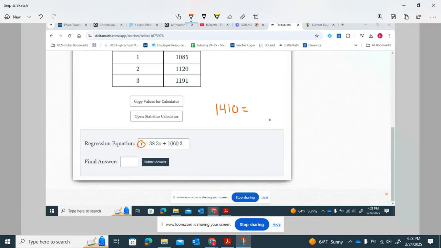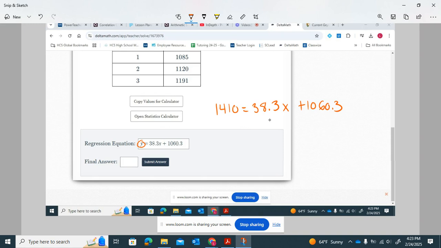And that equals 38.3x plus 1060.3. This time I'm trying to find x, but I know y. So it's basically saying, hey, what year would it be if there were 1,410 new cases? So we're trying to find the year this time, which is x.